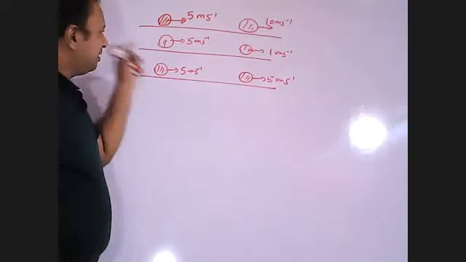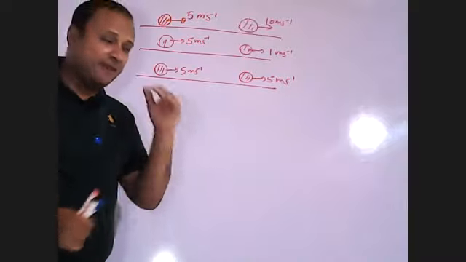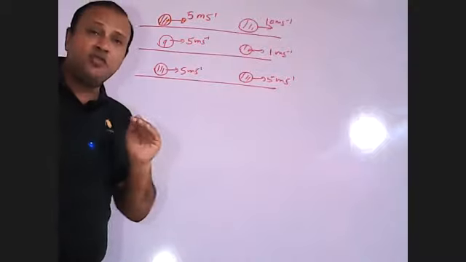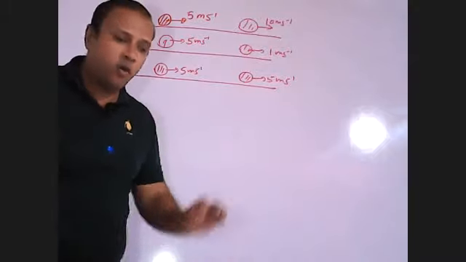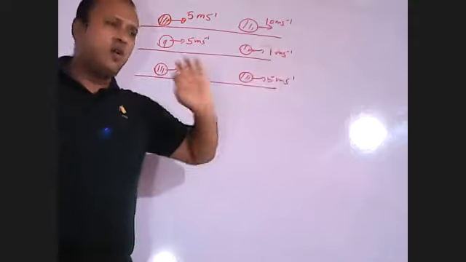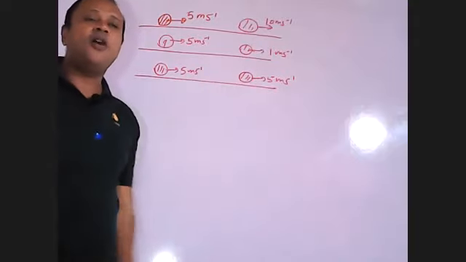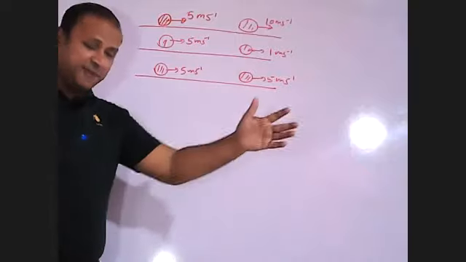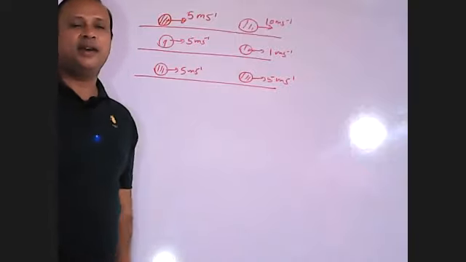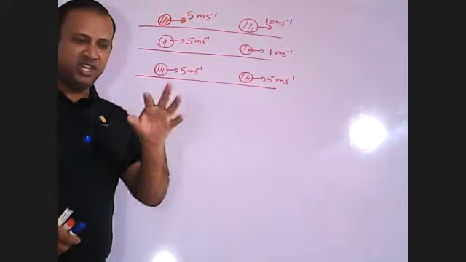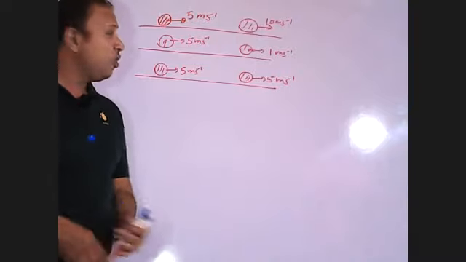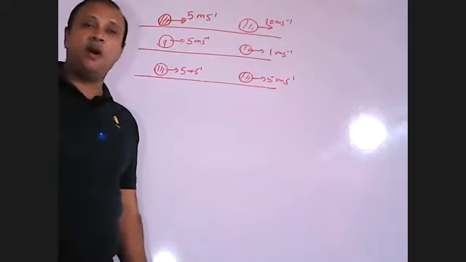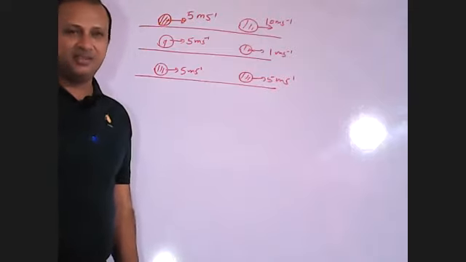The object can move with an acceleration, with a deceleration, or at a constant speed. Those are the three ways of moving. Therefore, the way of moving depends on the acceleration.